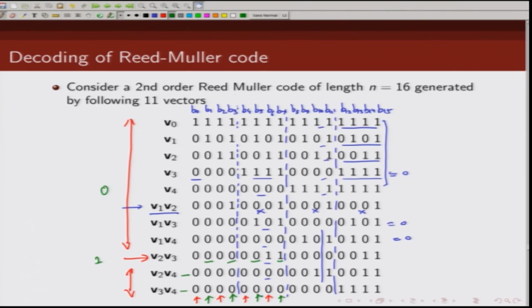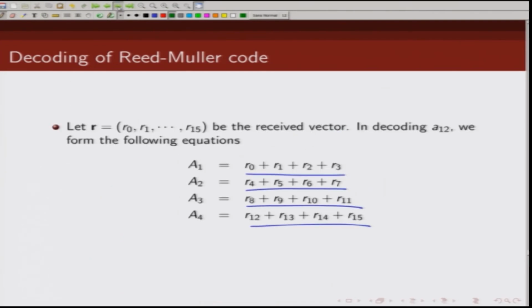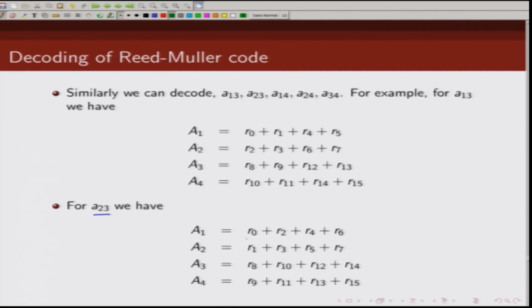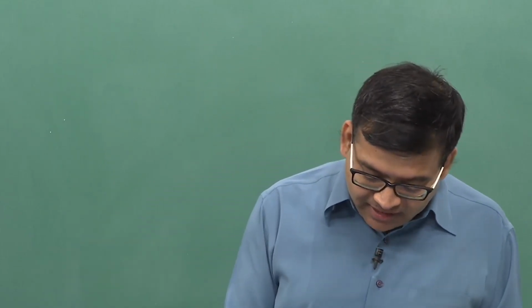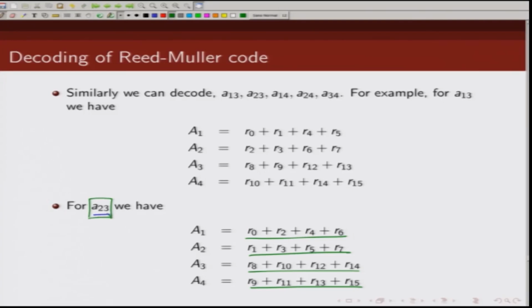So, if I add up these bits, 4 bits at a time, in similar fashion I can get independent information about A23.